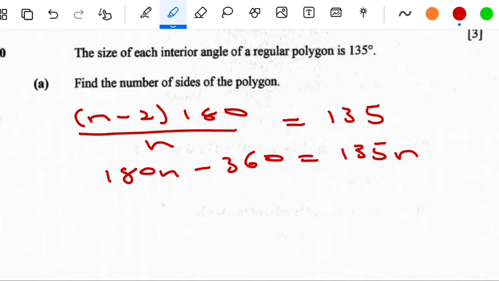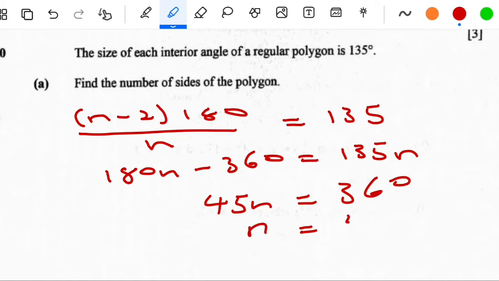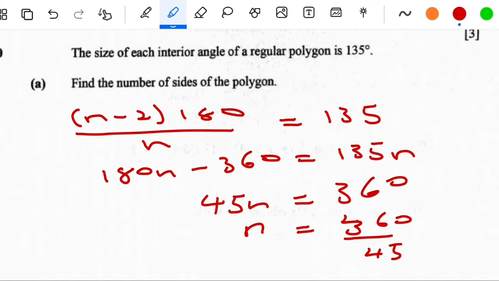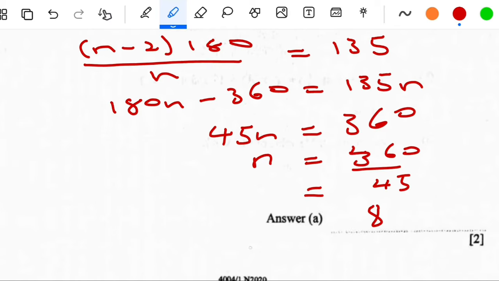Okay, so 180 minus 135 is going to be 45, so 45n equals 360. So n equals 360 over 45, which is going to be 8. So you've got 8 sides.